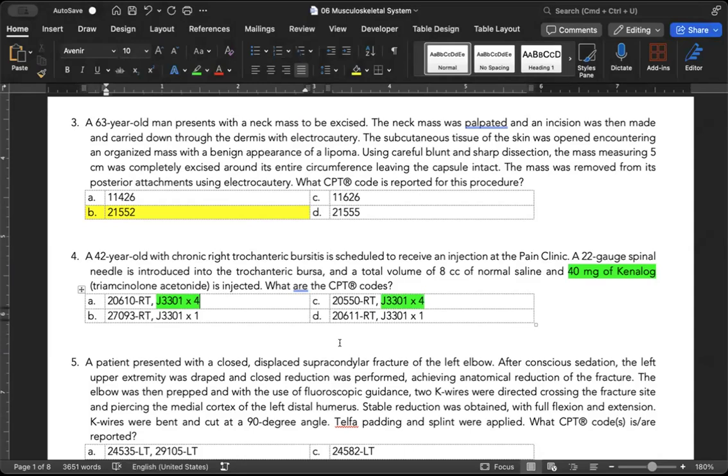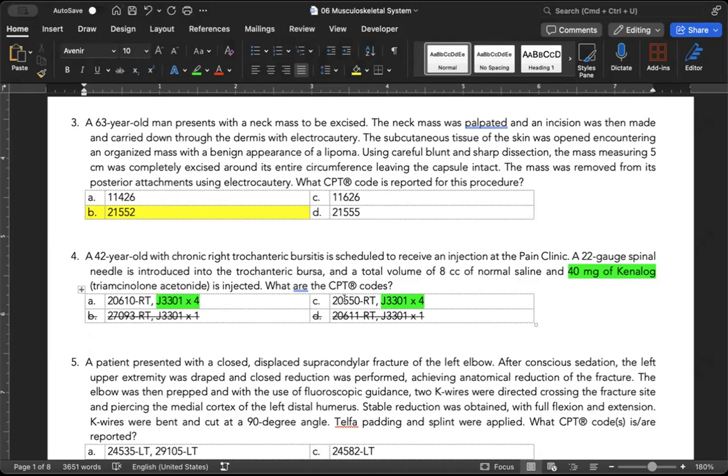And then we need to go to our CPT, because we know it's either going to be 20610 or 20550. So let's go to the 20550. 20550 is an injection for a single tendon sheath or ligament aponeurosis.